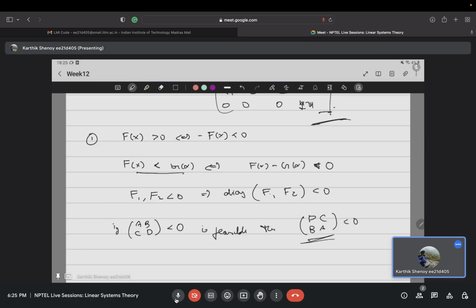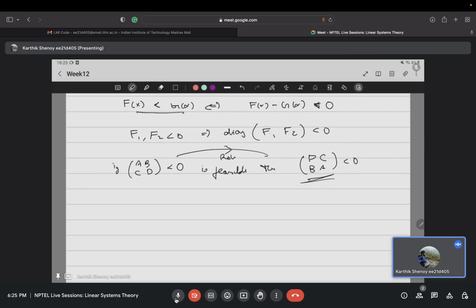Okay, so this is just rotation of this. So if you rotate, by rotate I mean A, B, C, D times the matrix 0, 1, 1, 0. So what you will get is, so this is just swapping the columns.